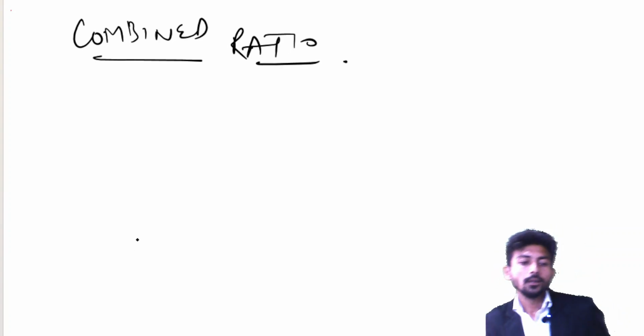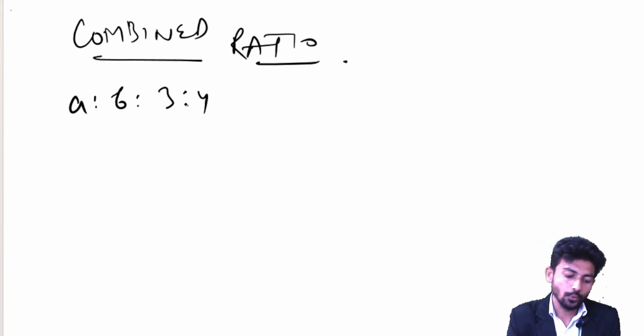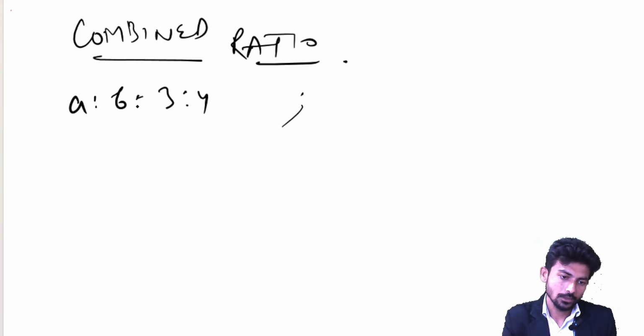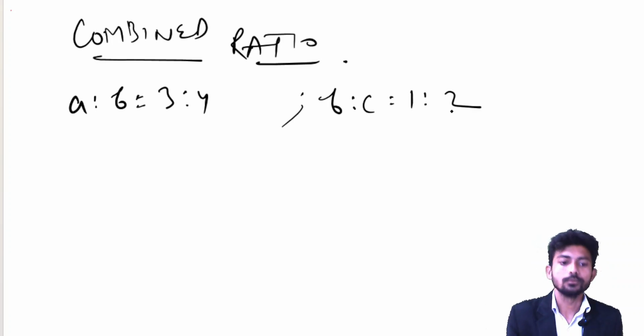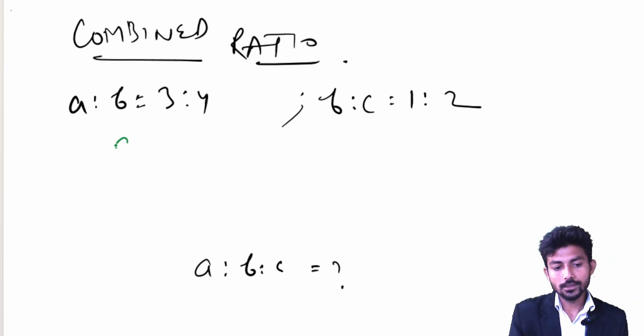See, if it is given to us that A ratio B is 3 ratio 4, and another data is given that B ratio C is 1 ratio 2, now they can ask us to find the ratio of A, B and C. This similar kind of problem we just discussed in the last question. We were doing it like A by B is equivalent to 3 by 4, and here B by C is equivalent to 1 by 2.